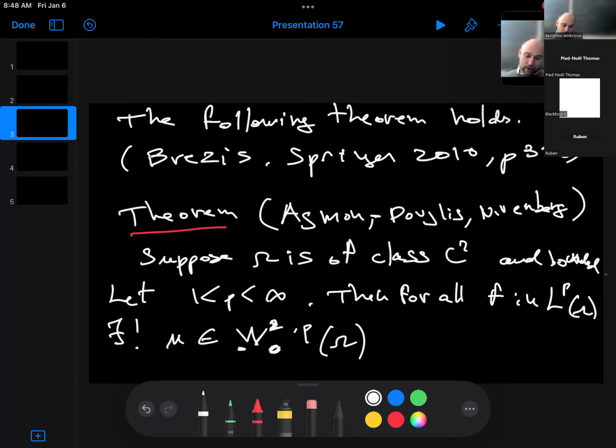And there exists a unique solution of my problem, you can write it here, and you can write it for all positive lambda.